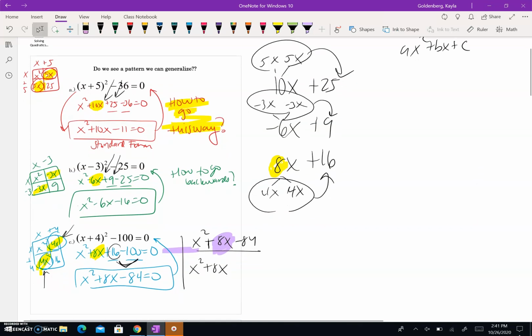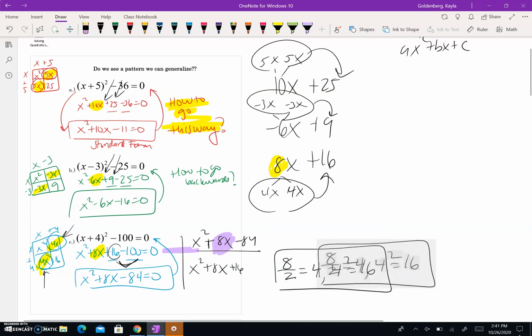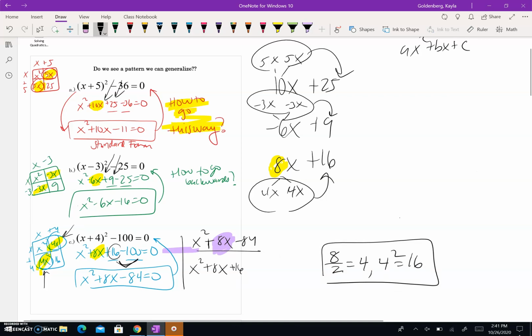So it looks like I have to take my 8, divide it by 2, and get a 4. And then I do 4 squared is 16. And this kind of seems like the big idea. So it looks like this one needs a 16. Right? But I can't just think about it like adding 16. Right? Adding 16 doesn't really work.